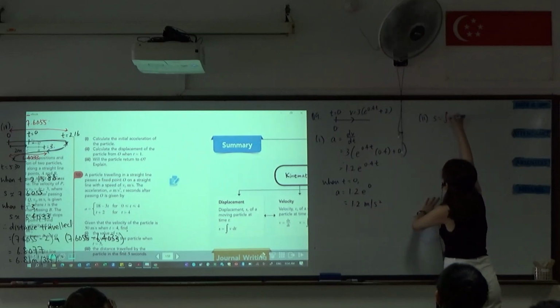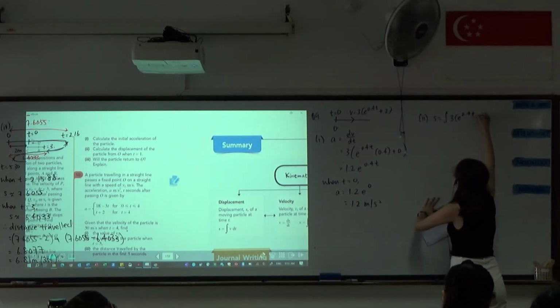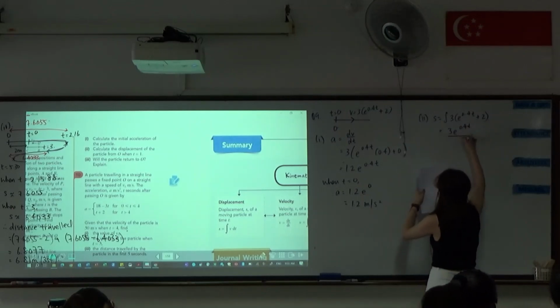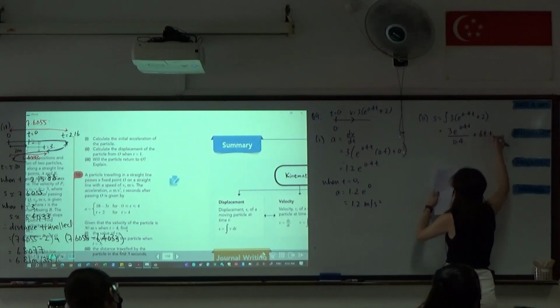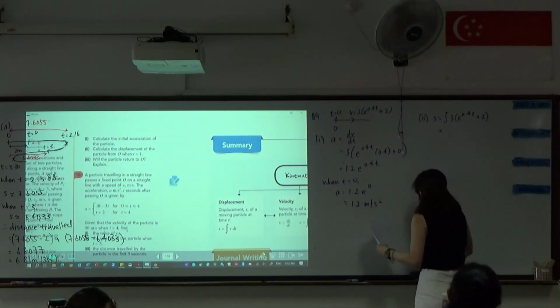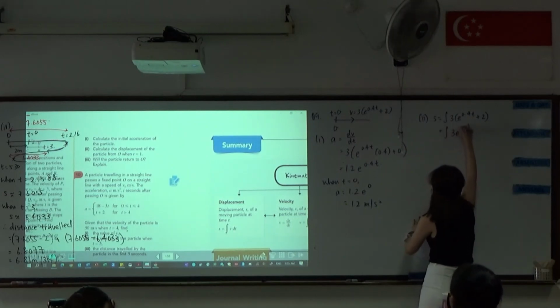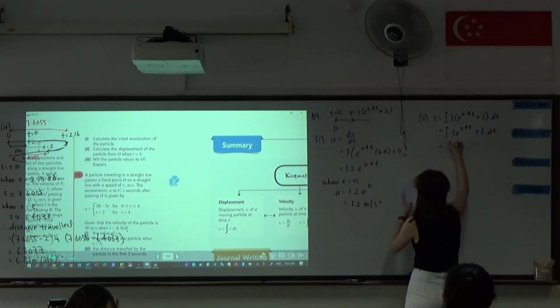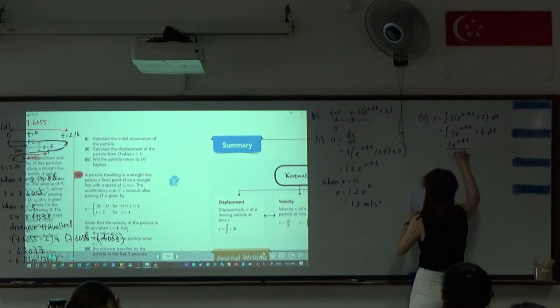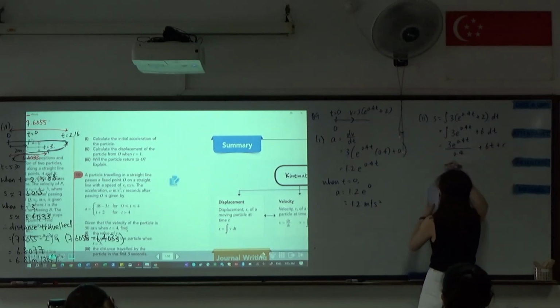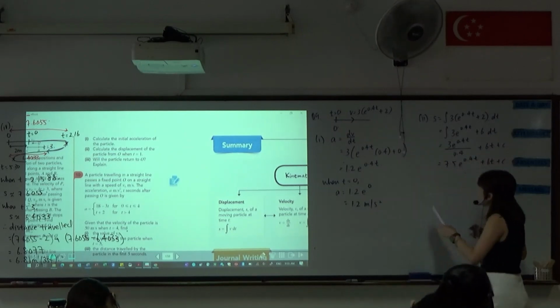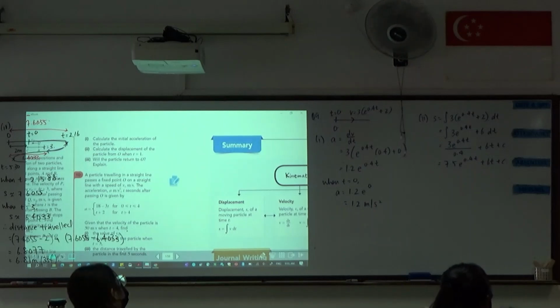That will be by integrating your velocity, and we find that the displacement will be given by this expression, for which you need to find the value of c.